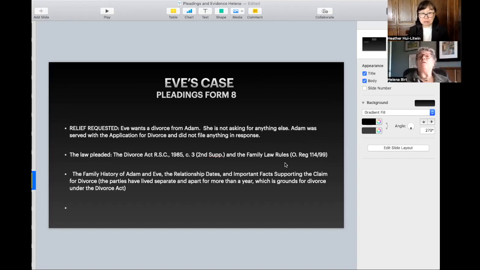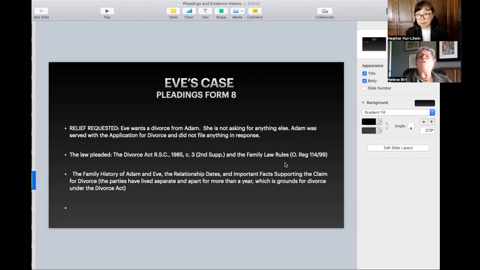The Divorce Act also sets out the requirements to get a divorce, and those depend on the facts. So once she's pleaded the law, she's saying the Divorce Act tells me I'm entitled to get a divorce if I meet the requirements, and I'm using the right process and forms required under the Family Law Rules.